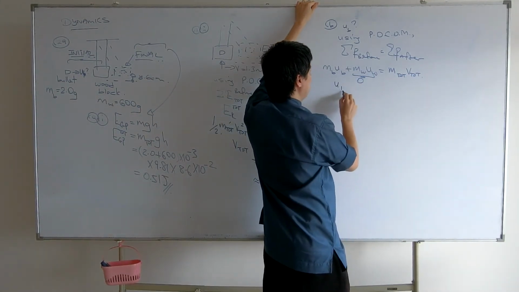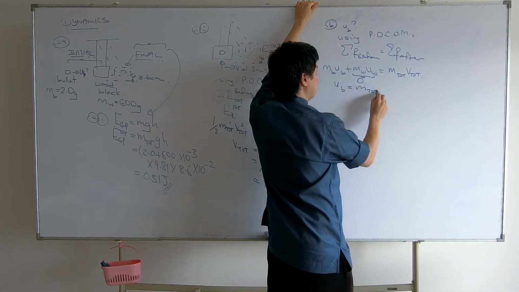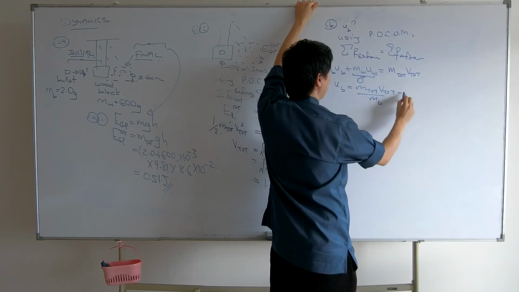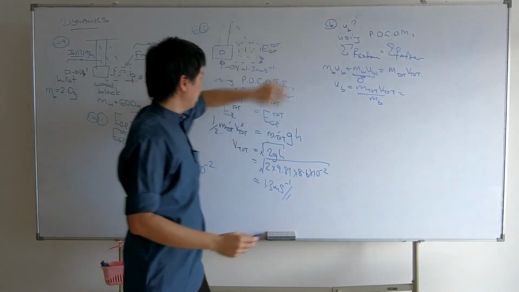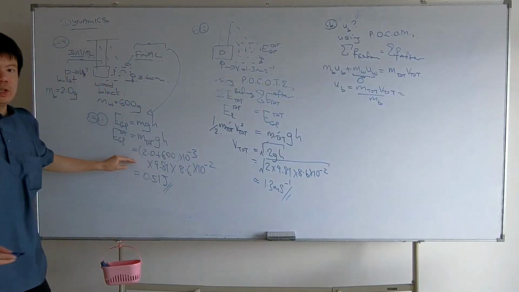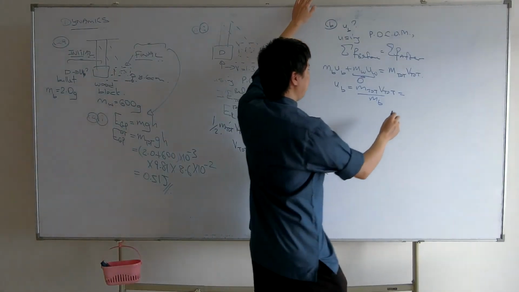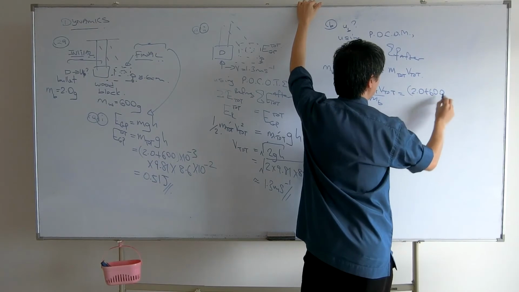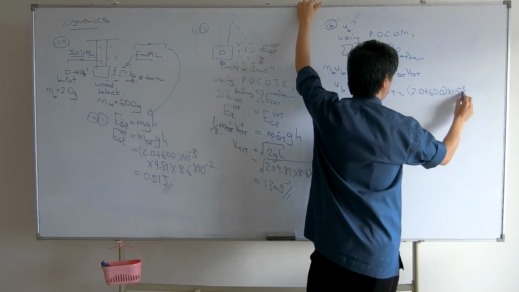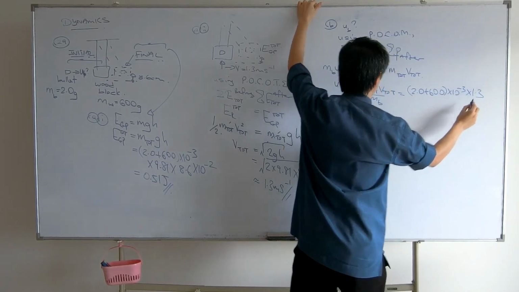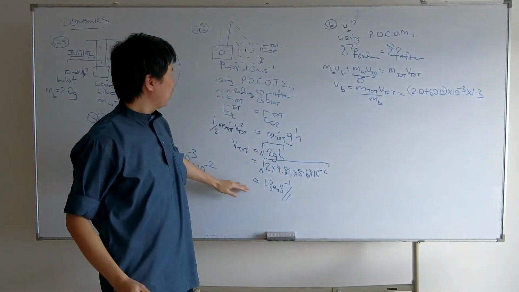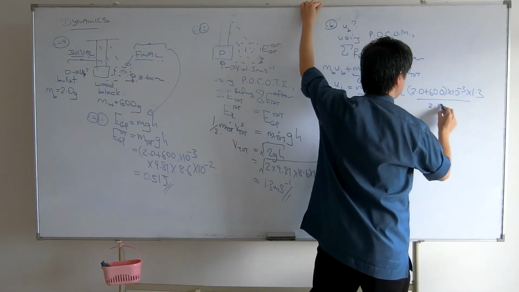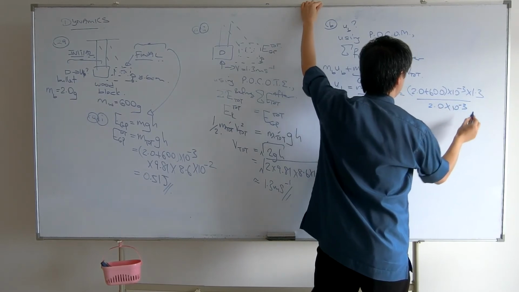So u of the bullet is equal to m total v total over m of the bullet. m total here is what we got over here, 2.0 plus 600 times 10 to the minus 3, times 1.3, the speed we got over here, divided by 2.0 times 10 to the minus 3.